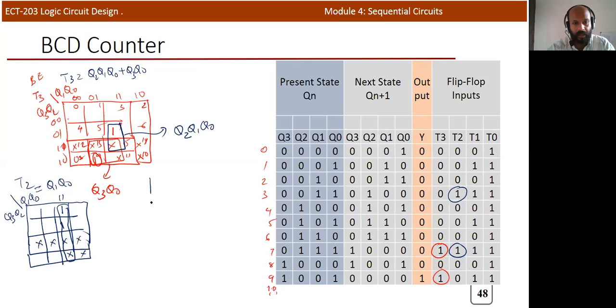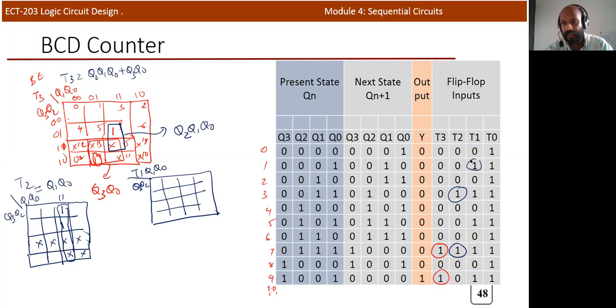Now we need to design T1 in terms of Q3, Q2, Q1, and Q0. If you design T1, you can see the alternate values. So if you indicate the values, it's 1, then 3 is here, then you need to indicate 5, here it is 5, then 7, and finally 9.